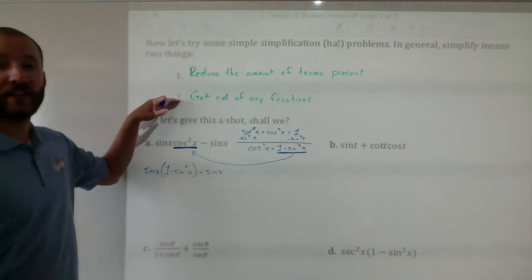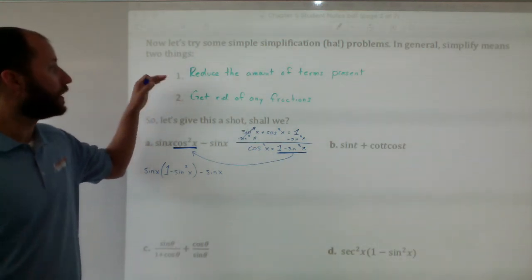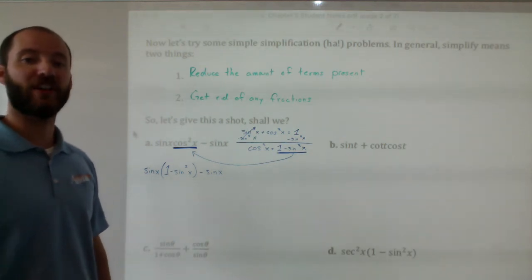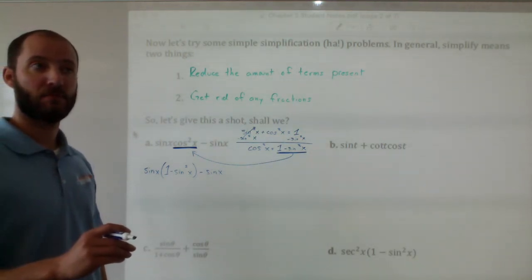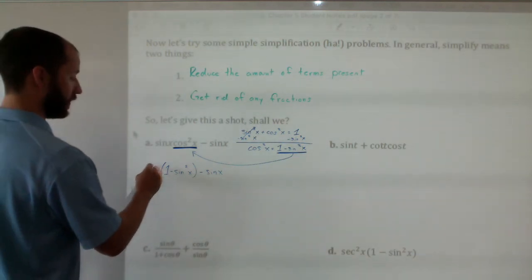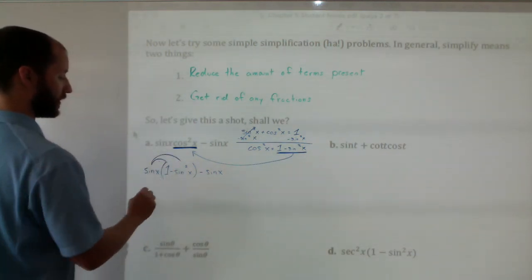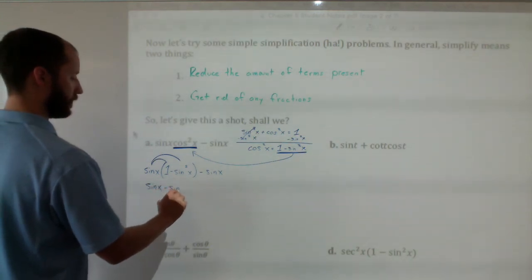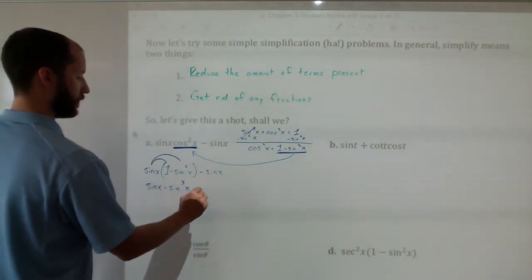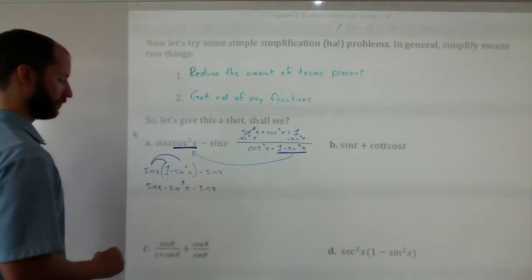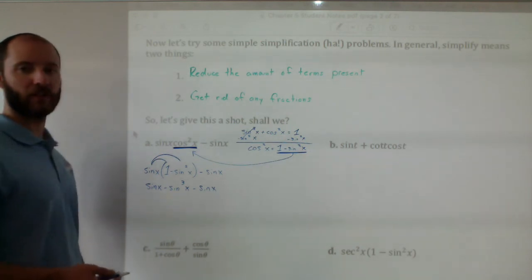Now, there weren't any fractions to get rid of. That's cool. Reduce the amount of terms present. I did have sines and cosines. Now I just have sine. That's good. I got that 1 also, but I can get rid of that 1 just by doing some distribution. Now look at the result and see what happened.